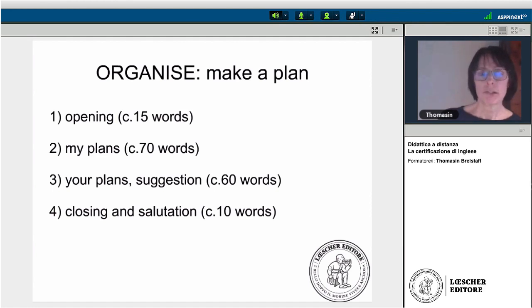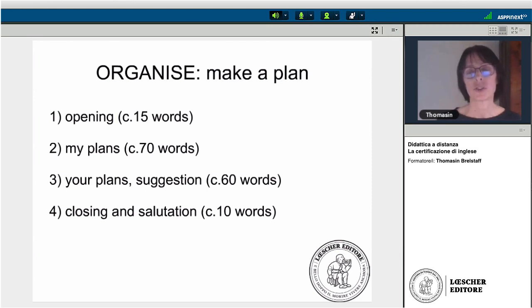In the third paragraph, I've actually put together my question to my friend about their plans and my suggestion about a place to visit. You wouldn't necessarily have to put those together.